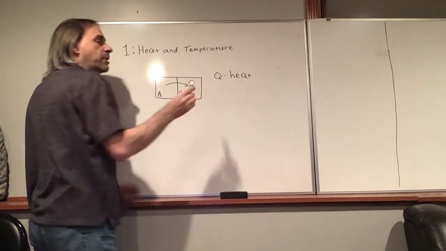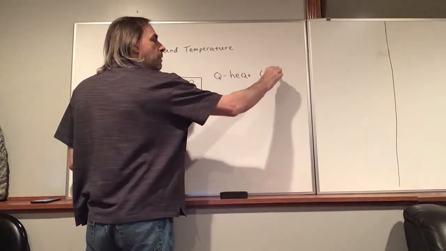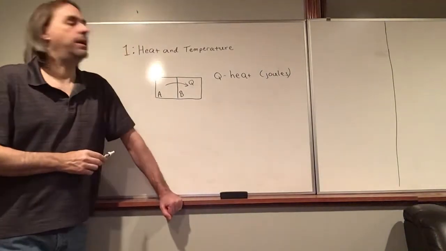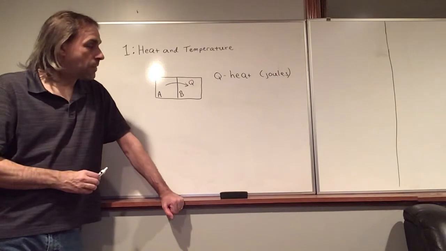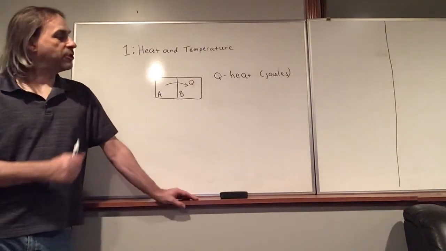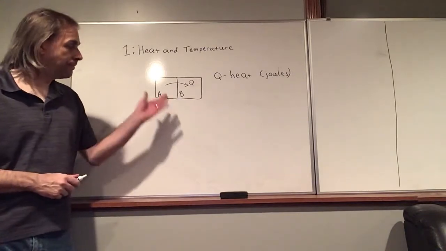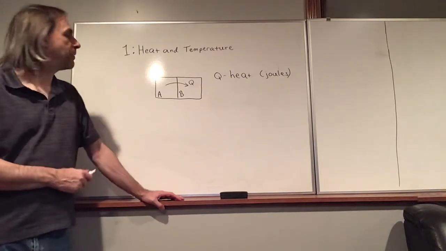So heat is just a form of energy, and it is measured in joules. That's our basic SI unit. So it is energy, so nothing new there. But when it flows spontaneously from one object to another because they're in thermal contact with each other, we call that heat.